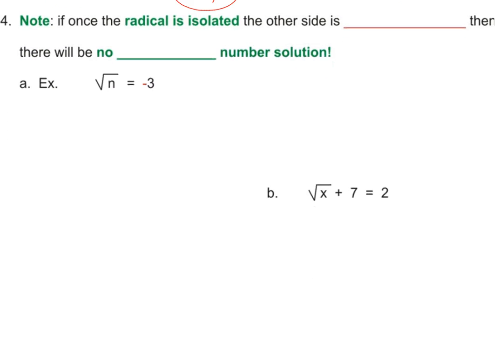When you're dealing with radical equations, there is one scenario you have to be aware of. If once the radical is isolated, that's the condition, you have the radical isolated, and the other side is negative, then there will be no real number solution.